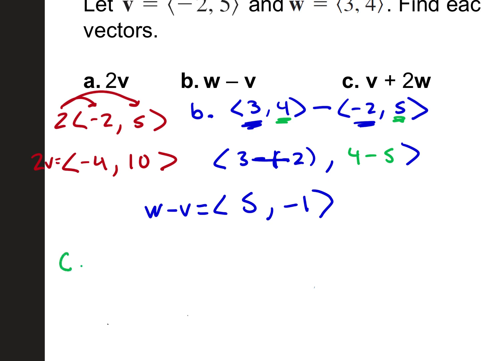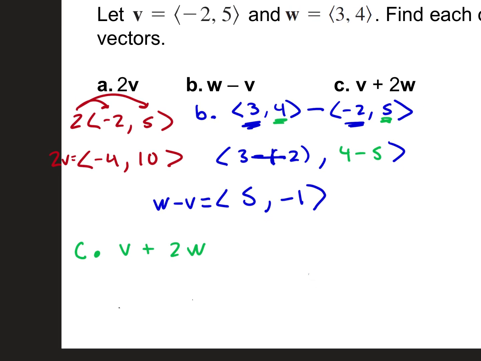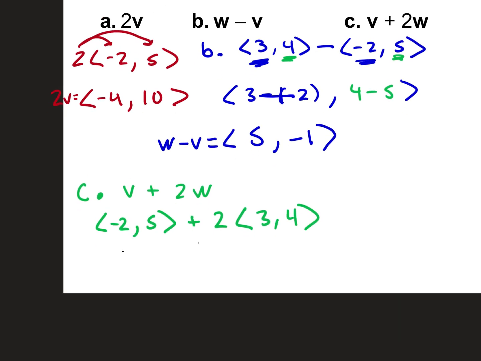And then the last one, c. We have v plus 2w. So this will be -2, 5, that's v. And then plus 2 times w, which is 3, 4. What do you think I have to do first? Distribute. Just like our order of operations, we have to multiply first.